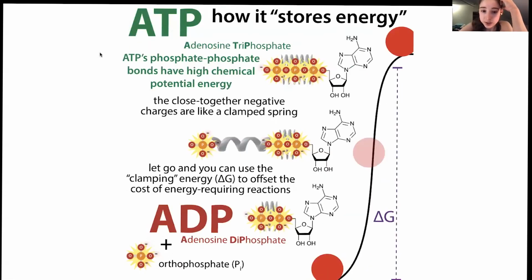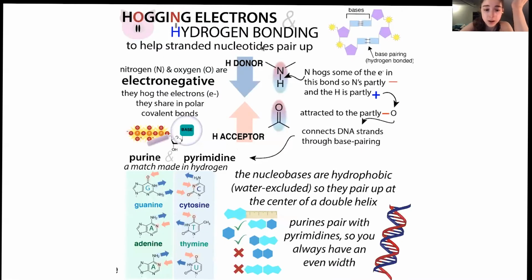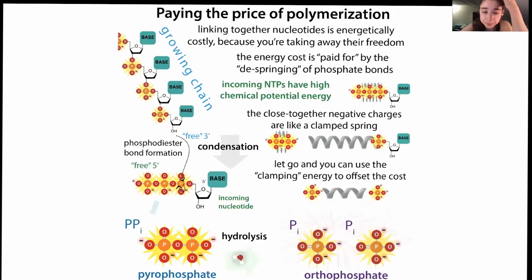So although we talk a lot about how ATP does this, you can think of the same sort of thing happening with any nucleotide triphosphate, because it's that triphosphate part that's important for doing the paying. And so when you have DNA letters coming together, you have that release of pyrophosphate, these two P's, and then that can get hydrolyzed to form orthophosphates.